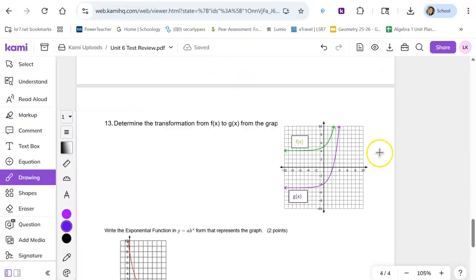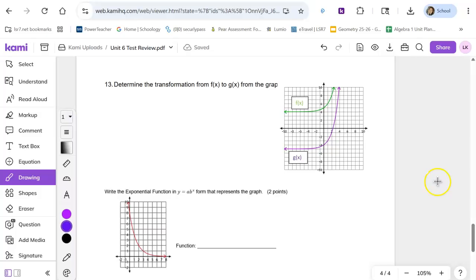All right. So determine the transformation from f of x to g of x from the graph. To start with here, we need to determine our y-intercept.